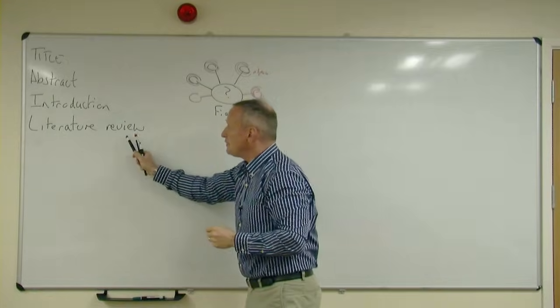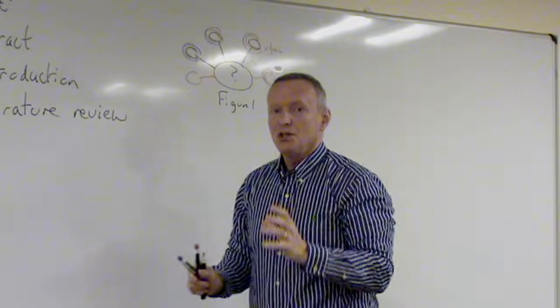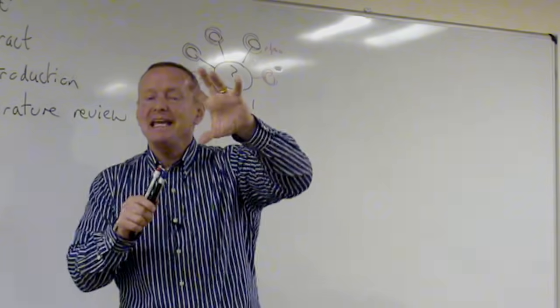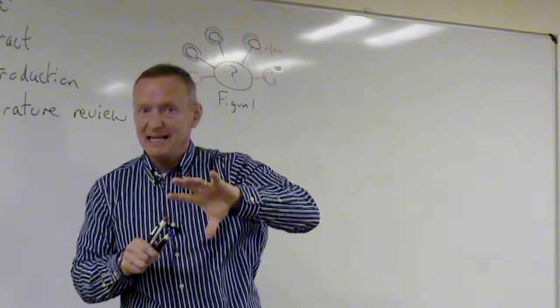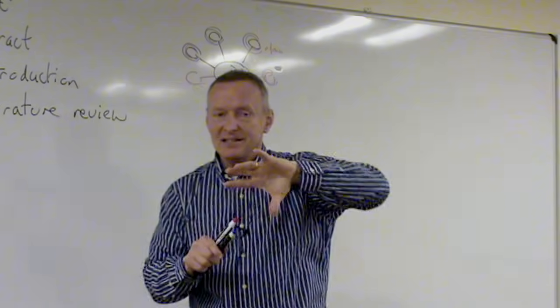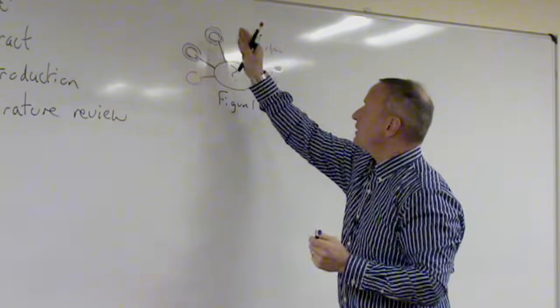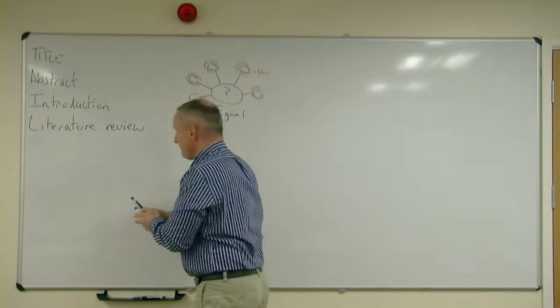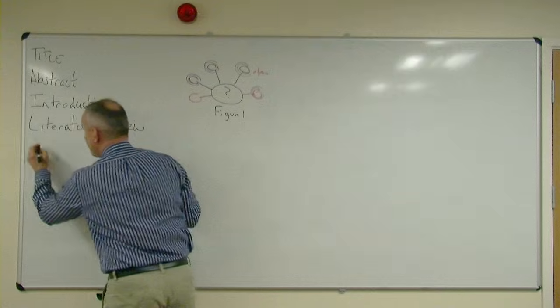So what you will then do in your literature review is talk about these themes and how they are connected. They're not in isolation. How they are connected in a logical structure. Next section is your methodology.